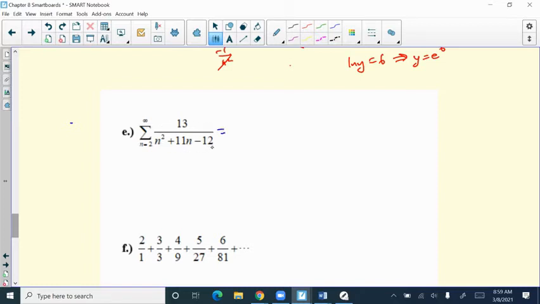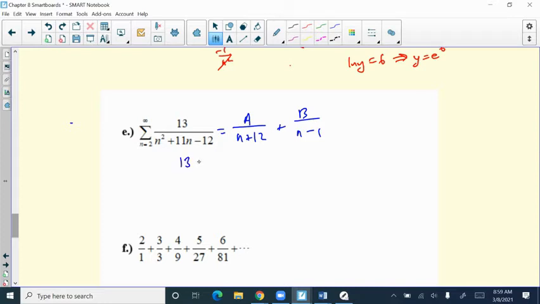So let's review rewriting this. The bottom factors into (n plus 12)(n minus 1). So we have A over n plus 12 plus B over n minus 1. Since that factors, I'm going to figure out what those A's and B's are.